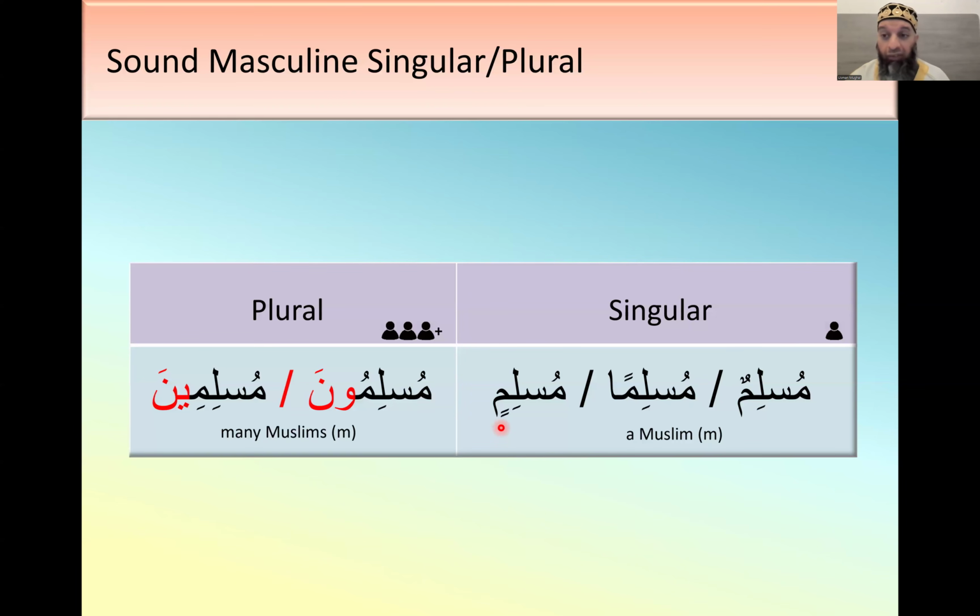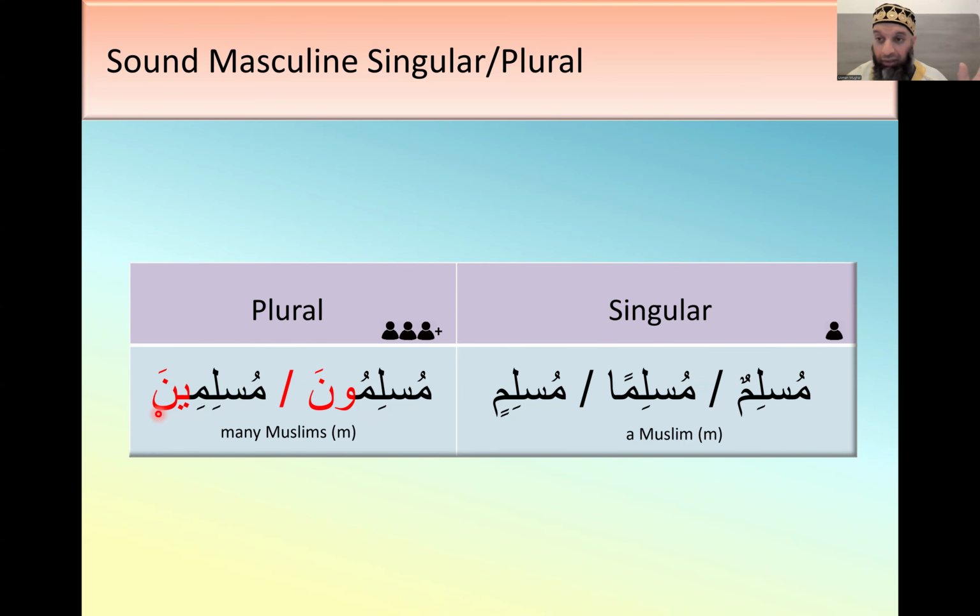Happy. So what you have to learn this week is the structure, the template that you need to know of how to make a masculine word plural, sound plural. All you do is either a waw and a noon, muslimuna, or it's going to be muslimina.